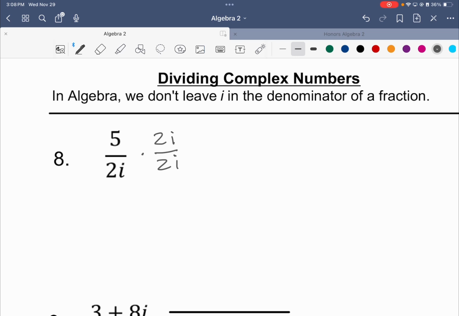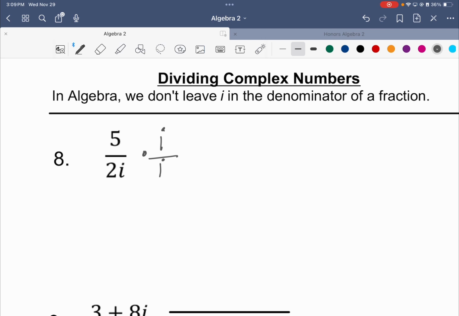But would I get the same thing if I did this instead? What's going to happen to the i's? They're not going to cancel, because that'd be cross-multiplying, and we're not going to cross-multiply. If we cancel them out, we're just getting back to 1.